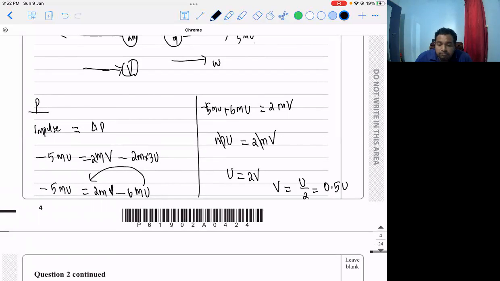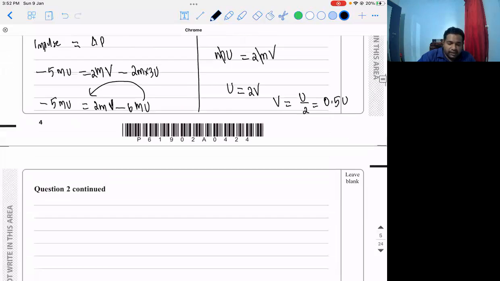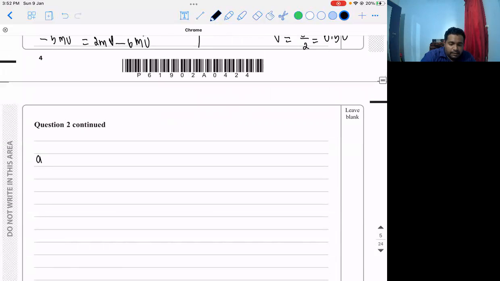Whose particle? This particle P after this collision. Now, that serves the answer for A part. So what is the answer for A part? That is V is equal to 0.5U.